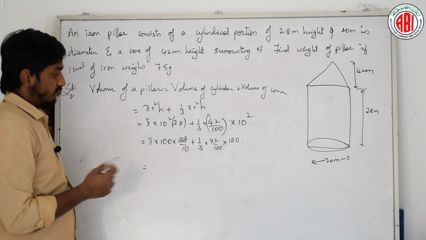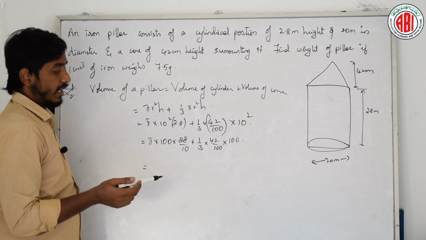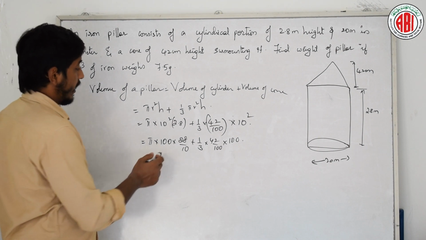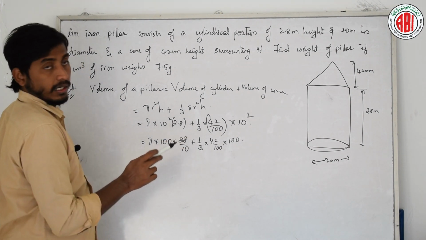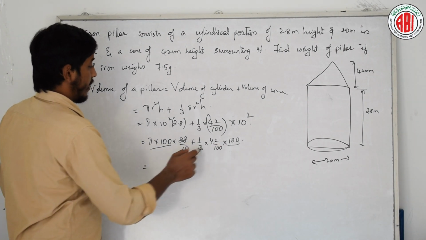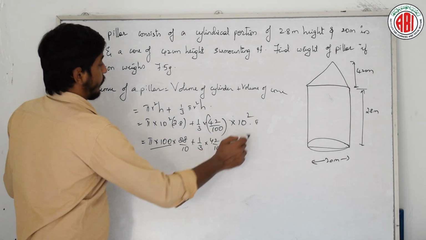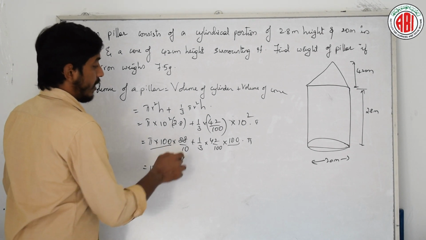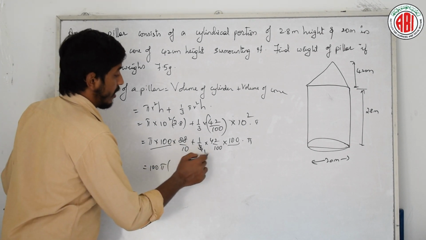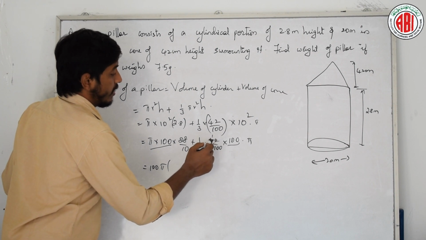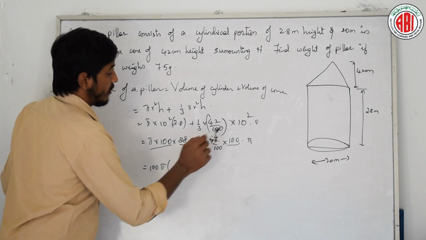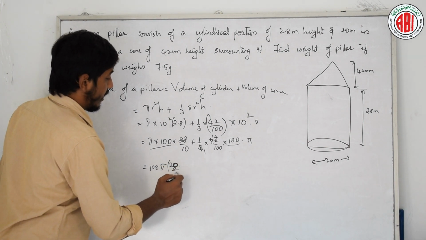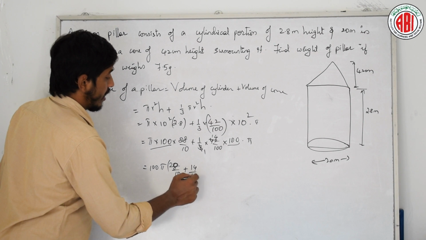Make sure that we simplify the whole thing in a different way. Let us take this 100 pi outside. What is left? 28 by 10. Now see here, 3 ones are 3 and 3 fours are 12, so it is 28 by 10 plus 14 by 100.